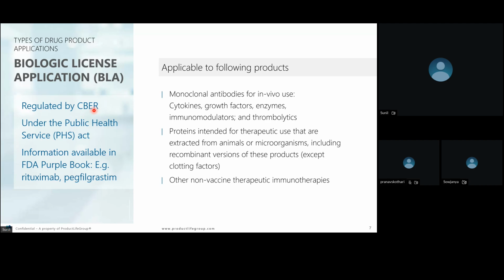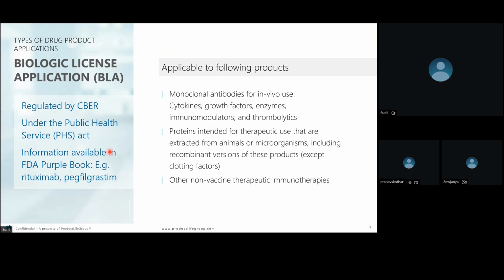NDA and ANDA are listed in the Orange Book, while BLA products, biologic products, are listed in the Purple Book. In the next class, I will show you both the Orange Book and Purple Book, how they look, what can be searched and what can be interpreted from them.